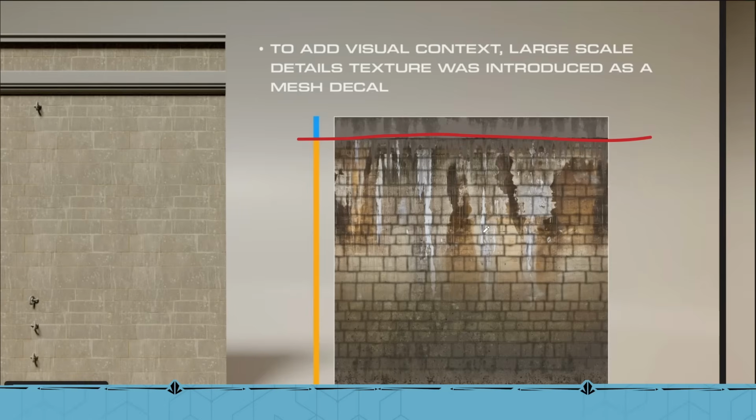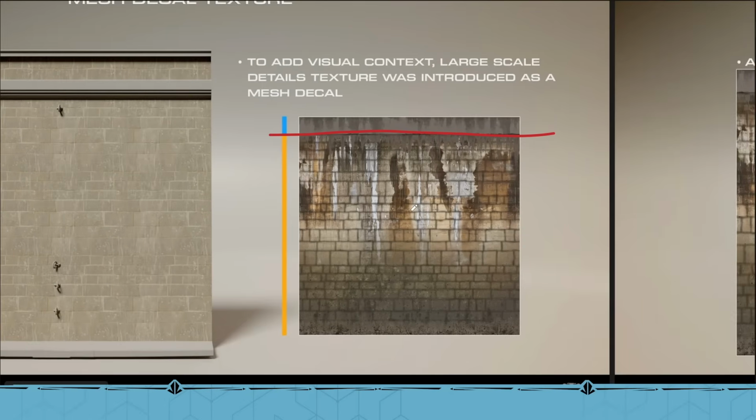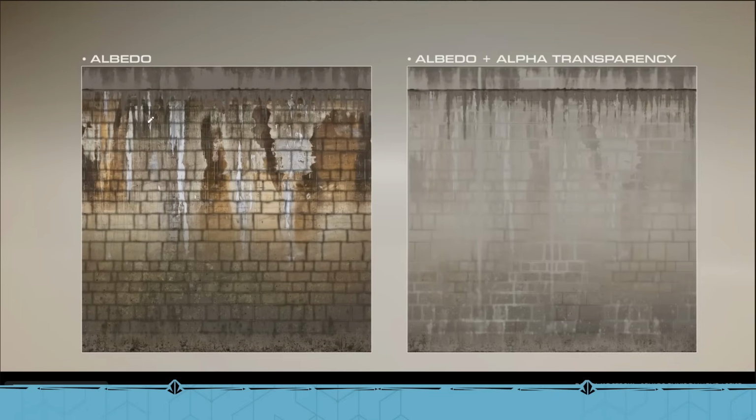Those are custom decals. For all we know, it can be one big gigantic polygon, which I don't believe it is, but when it's done custom, you can pack a lot of decals with different colors and all that. You can do that the way you want. So you have the albedo, which is what we've seen, and you have the albedo plus alpha transparency, so the artist will be able to play with the opacity, the level of intensity.